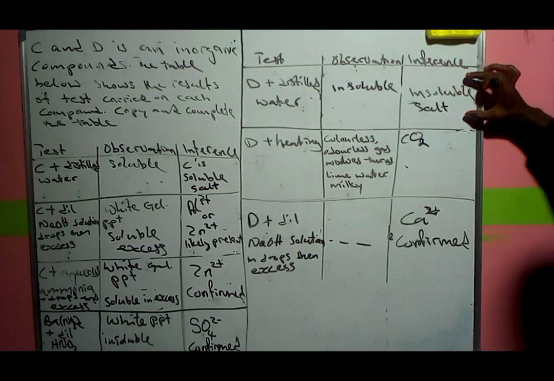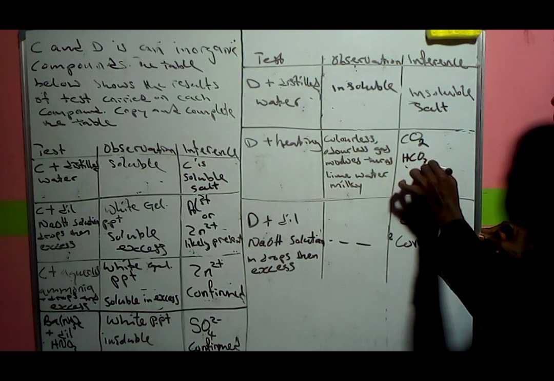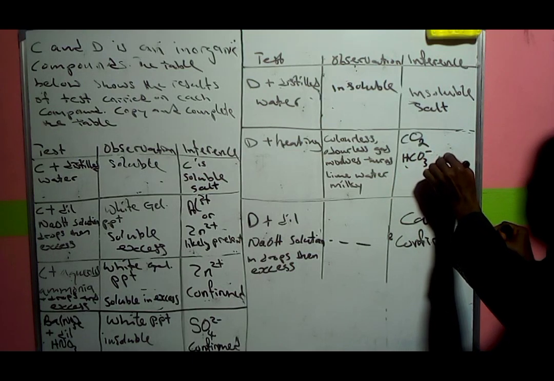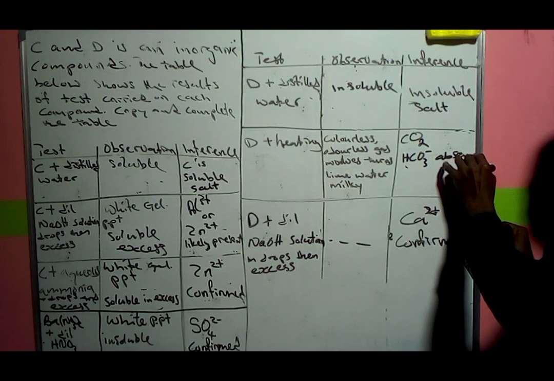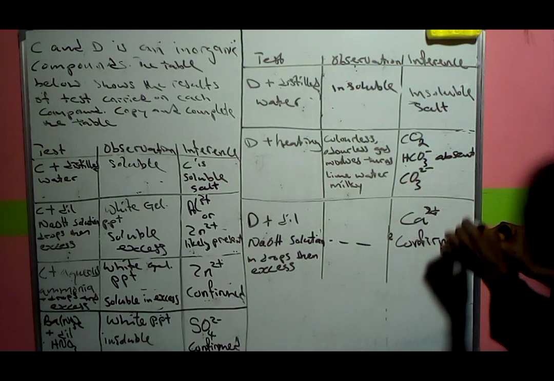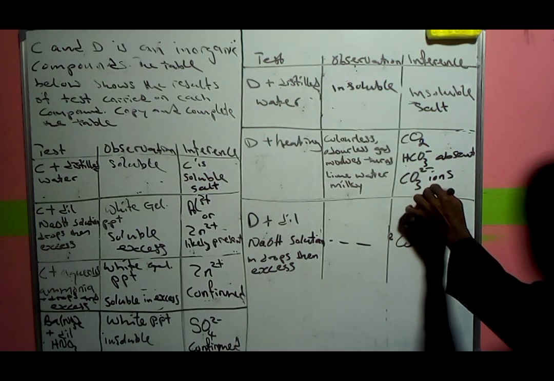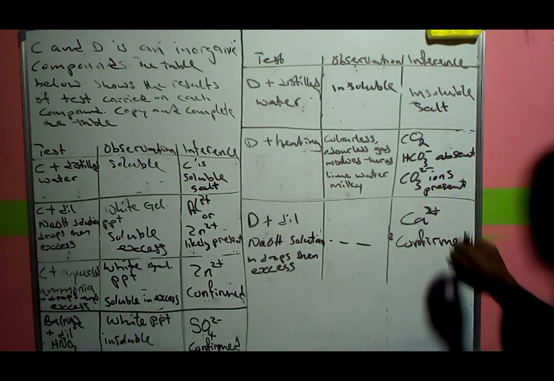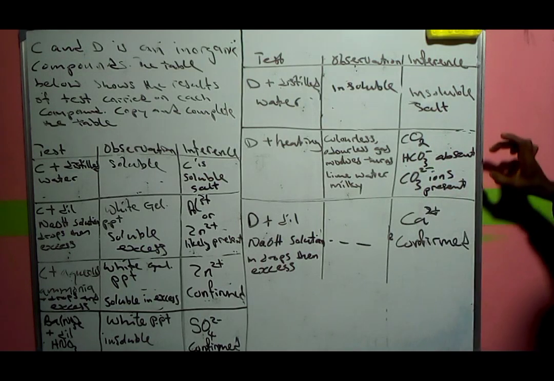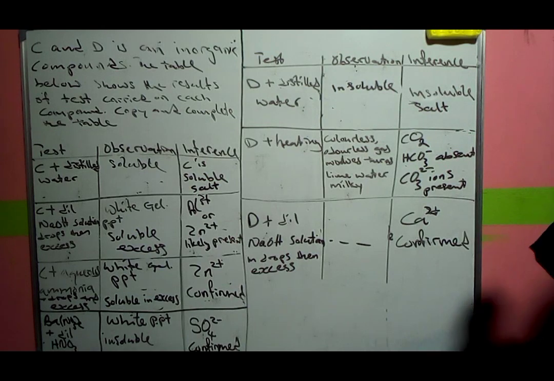And because this is insoluble, it means that hydrogen carbonate ions are absent, but rather carbonate ions were present. This is because there is no insoluble hydrogen carbonate. Note this thing very well.